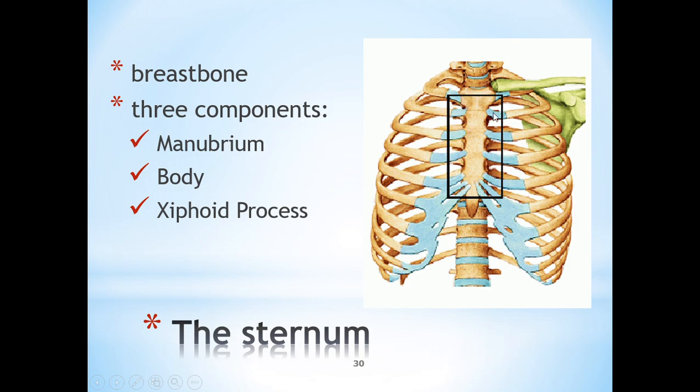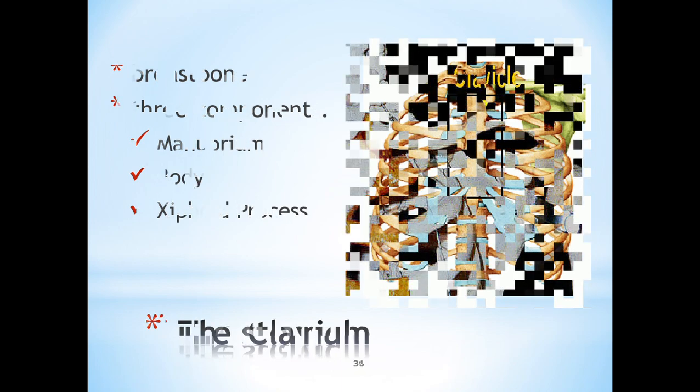Katabi lang siya ng inyong clavicle or your shoulder bones or your collarbone. And then, ito yung body niya. And then dito, this is the xiphoid process. So these are the parts of your sternum or the breastbone.